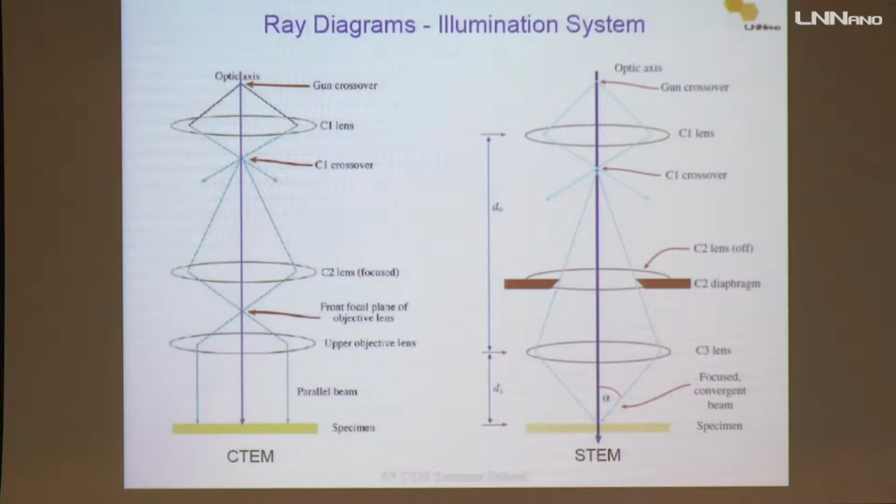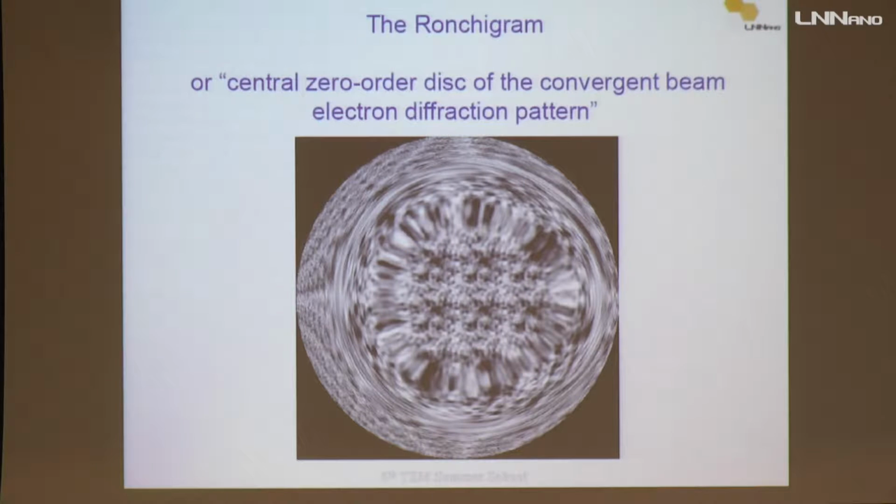Well, when we deal with the STEM operation, one very important characteristic of your system that we need to check is the appearance of the Ronchigram. The Ronchigram has this appearance. We will see it in the remote operation. It's called a Ronchigram, but we can also call it the central zero-order disk of the convergent beam electron diffraction pattern.